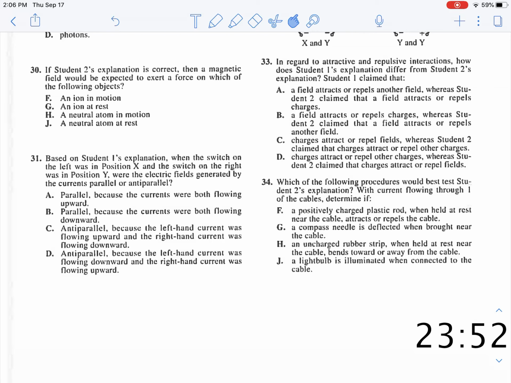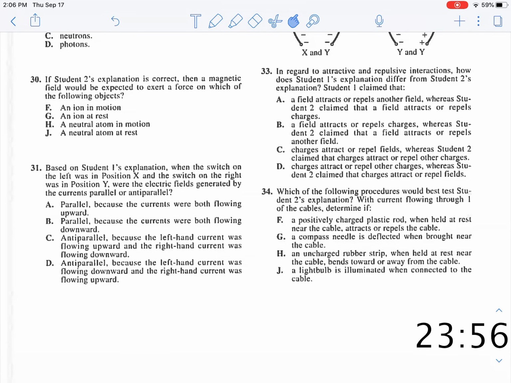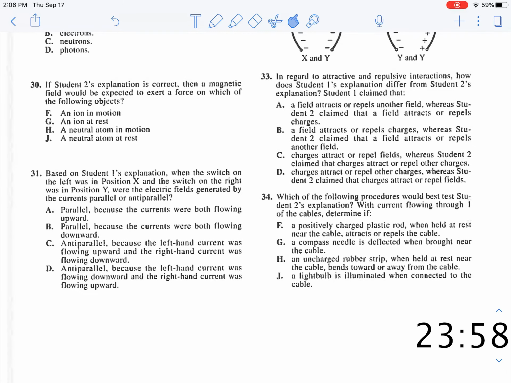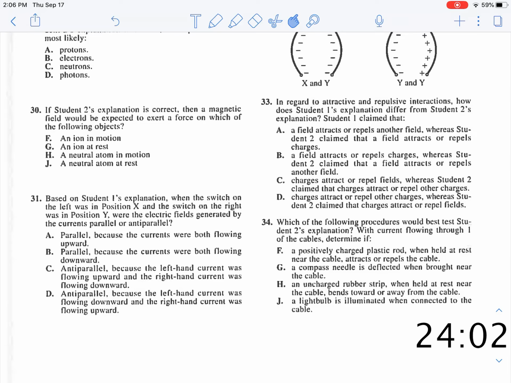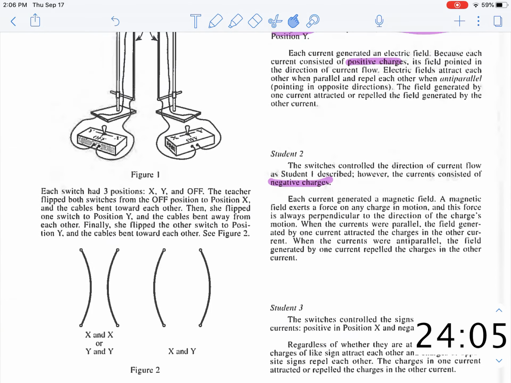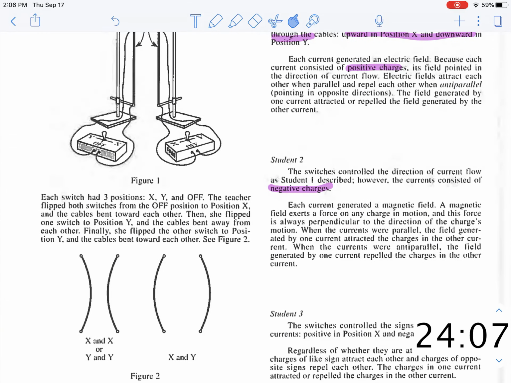In regard to attractive and repulsive interactions, how does student 1's explanation differ from student 2's explanation? A field attracts or repels. What does student 1 say? Electric fields attracted or repelled each other.